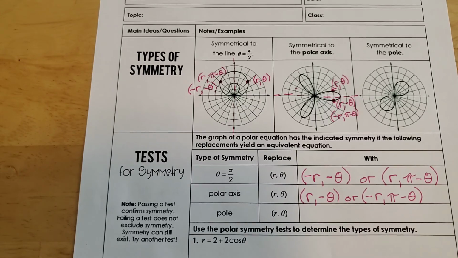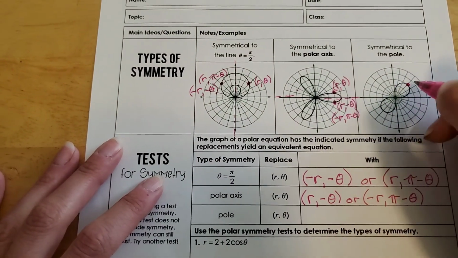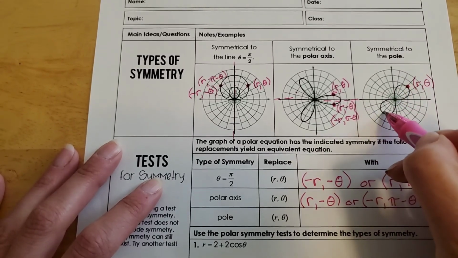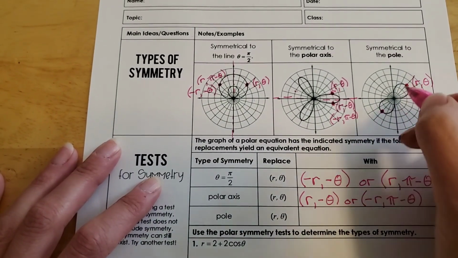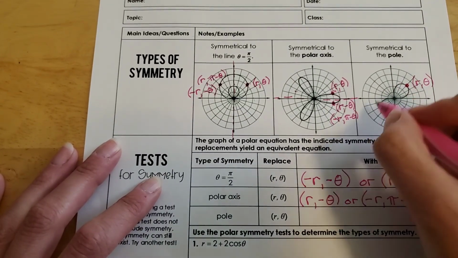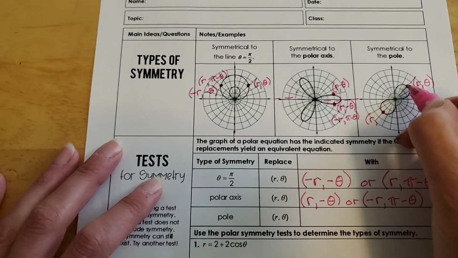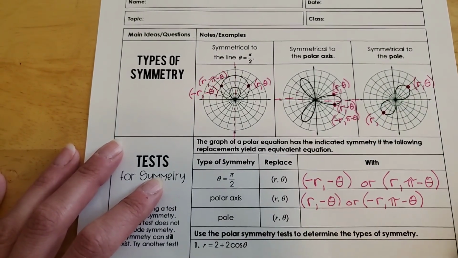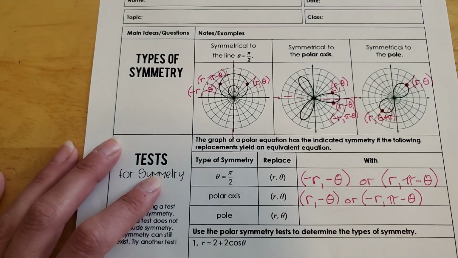And then we have the last bit of symmetry, which is that rotational symmetry, a point here, r, theta. It reflects around 180 degrees or pi radians to over here. So it is a rotational piece, symmetric to the pole, and it moves pi radians away, or 180 degrees away, but I'm dealing with things in radians, so I'm going to call this theta plus pi radians.